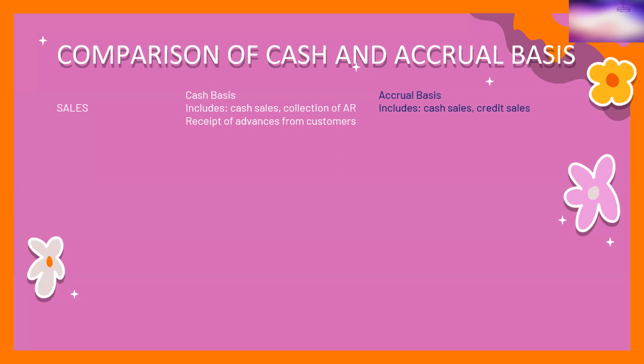Sabi natin, sales in cash basis includes your cash sales, collection of accounts receivable, and receipt of advances from customers. Now, under the accrual basis, it only includes cash sales and credit sales. So pansinin niyo, class, in cash basis, pag naka-receive ka ng cash, that's the only time you record it as sales.